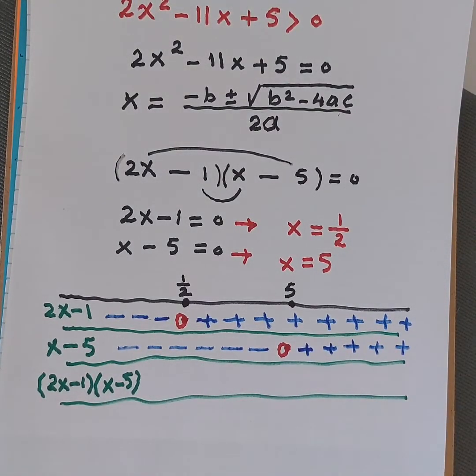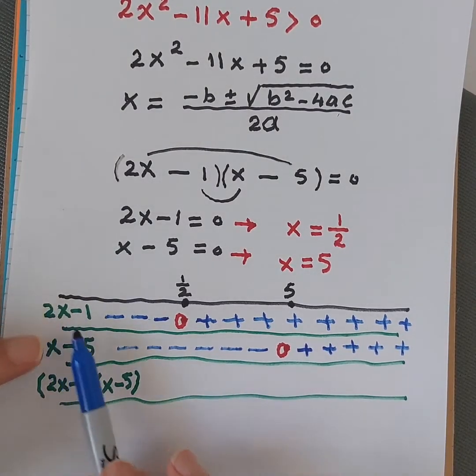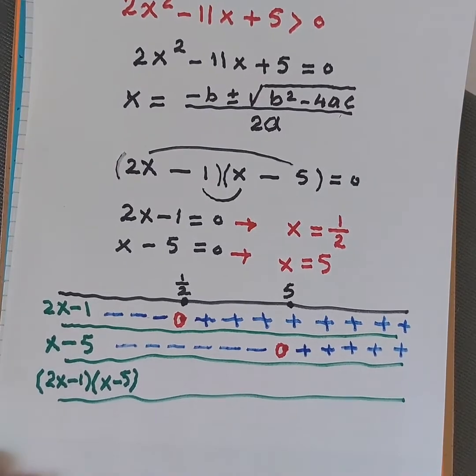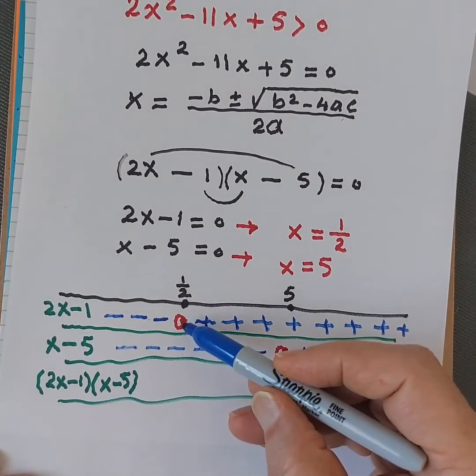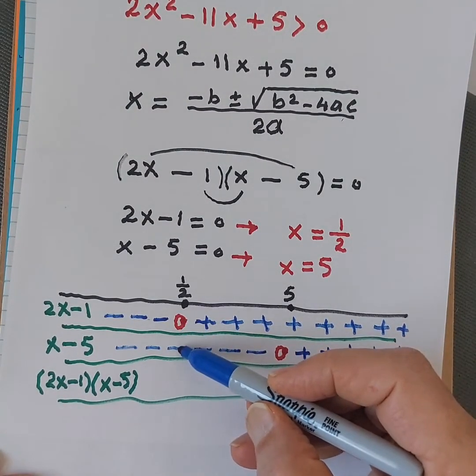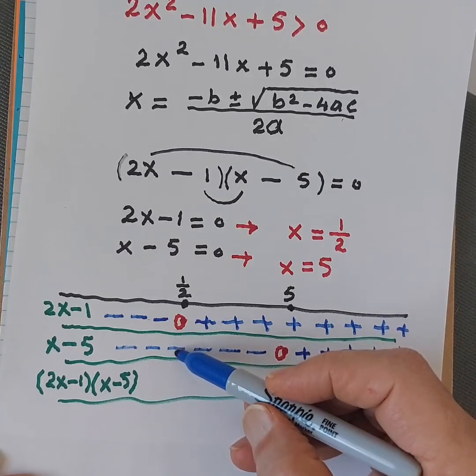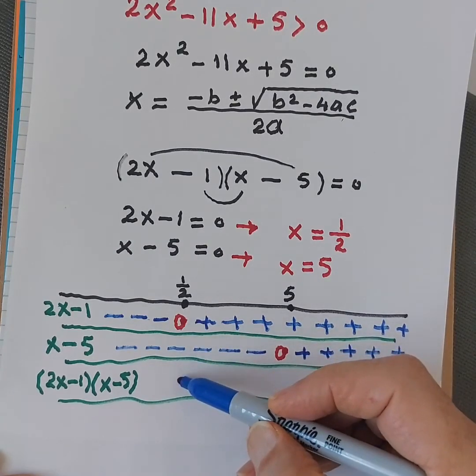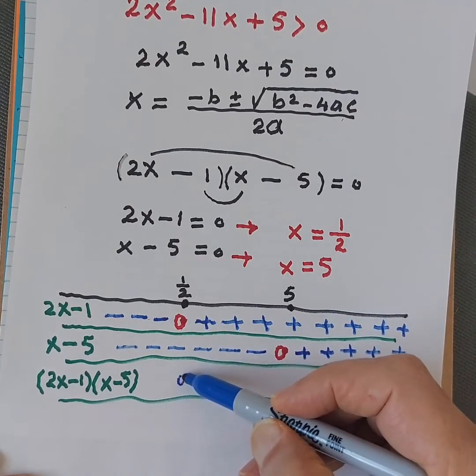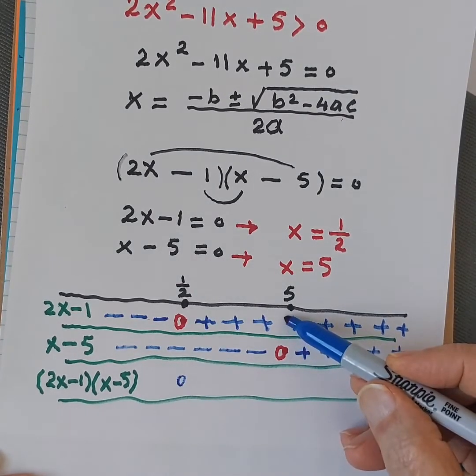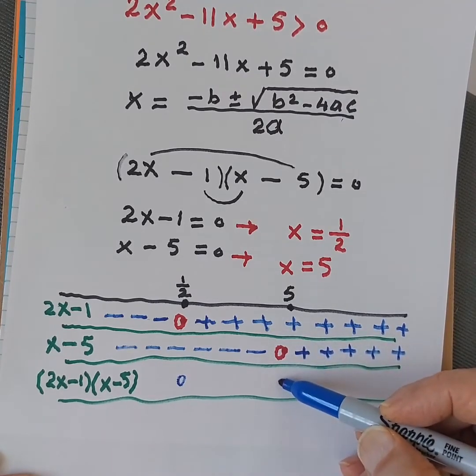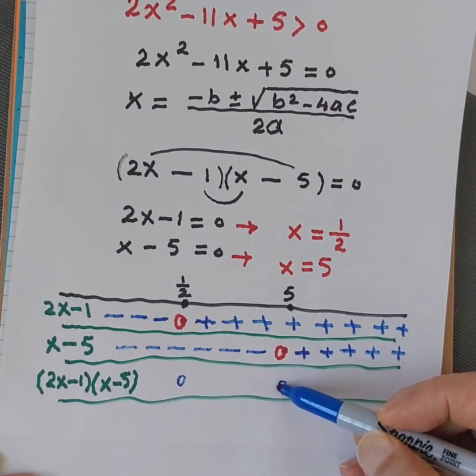Now let us talk about multiplying those together, which is represented in this line. Here, either positive or negative, but as it is 0 here, the result will be 0 here. Also the same here, as it is 0, the result will be 0.